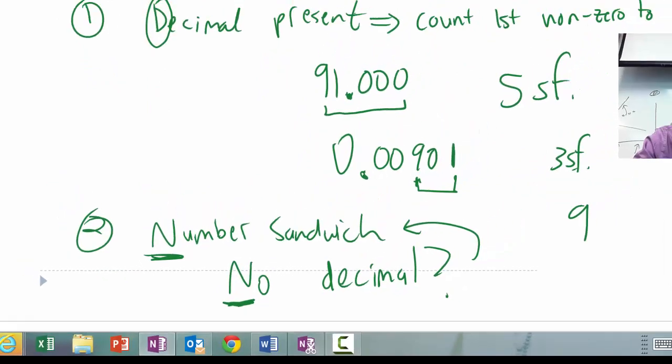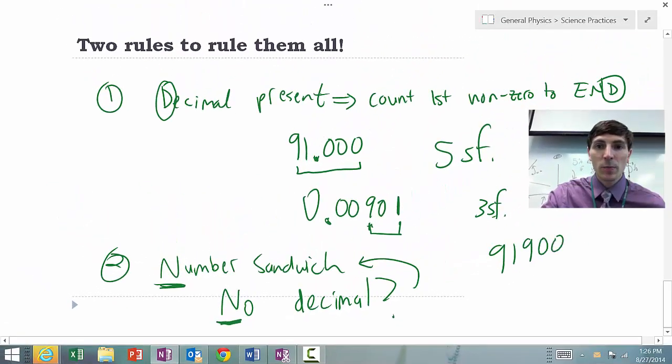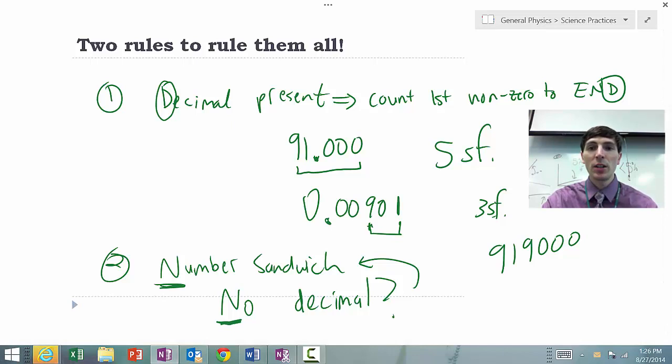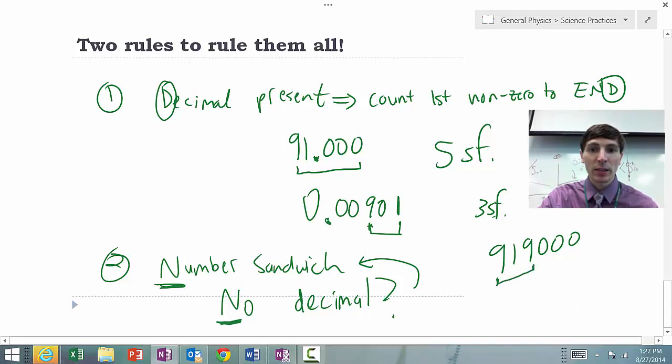So if I have a number like this, I notice that there's no decimal in the number, so to count the number of sig figs, the ones that actually were measured, we're going to make a number sandwich, including each non-zero number. So I take the first number and the last number that's not zero, and I make a little sandwich. And you can count the buns and the number in between. So 1, 2, 3, we have 3 sig figs.